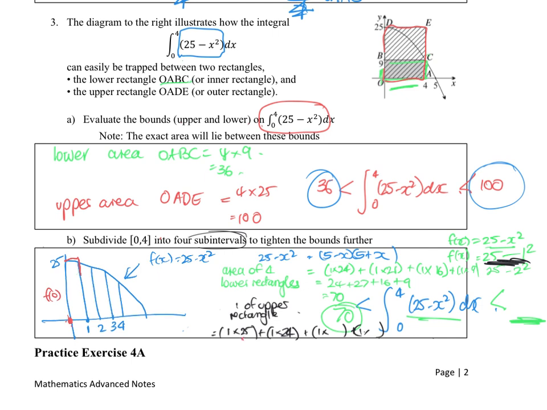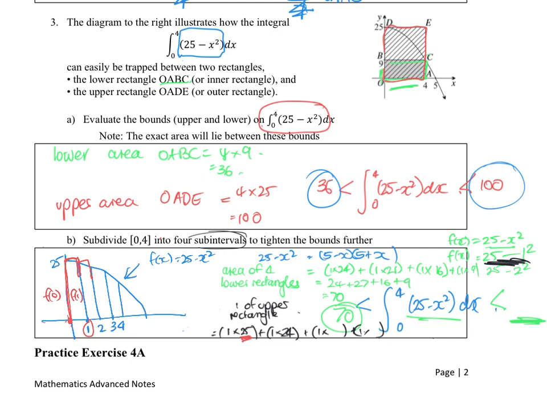It's got a height of 25. The next one has a height of f(1). You're using the left-hand one for the upper one. So that's why it's 1 by 24.